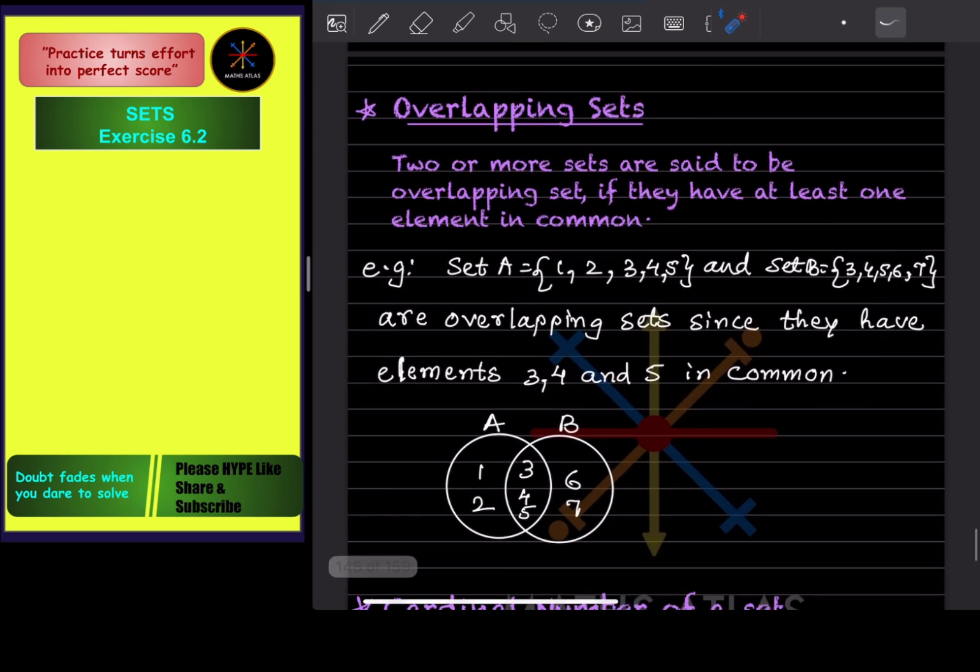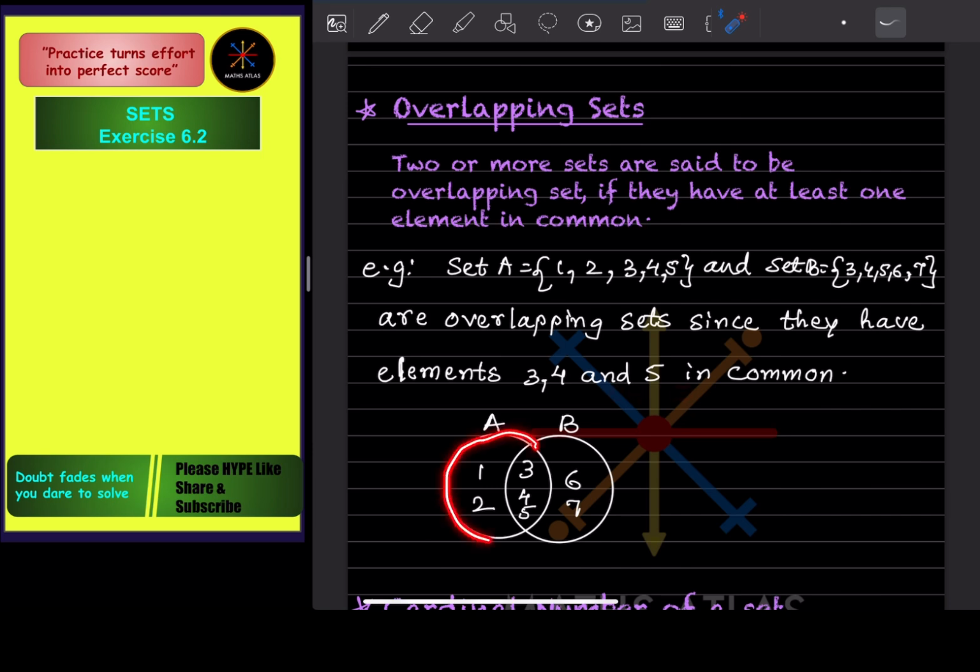Overlapping sets. Two or more sets are said to be overlapping if they have at least one element in common. Now set A is 1, 2, 3, 4, 5 and set B is 3, 4, 5, 6, 7. We can see 3 here and here, 4 here and here, 5 here and here. So they are overlapping sets since they have the elements 3, 4 and 5 in common.